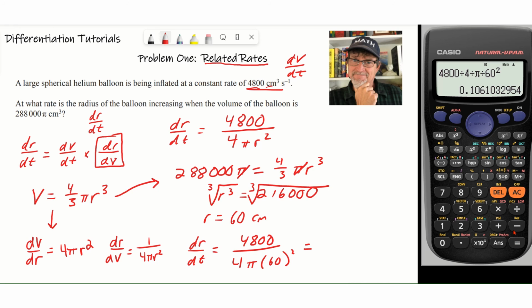And that gives me 0.106. Now it's the radius which is increasing, so that's going to be increasing in centimeters per second. And that's my answer to this one, 0.106 centimeters per second.